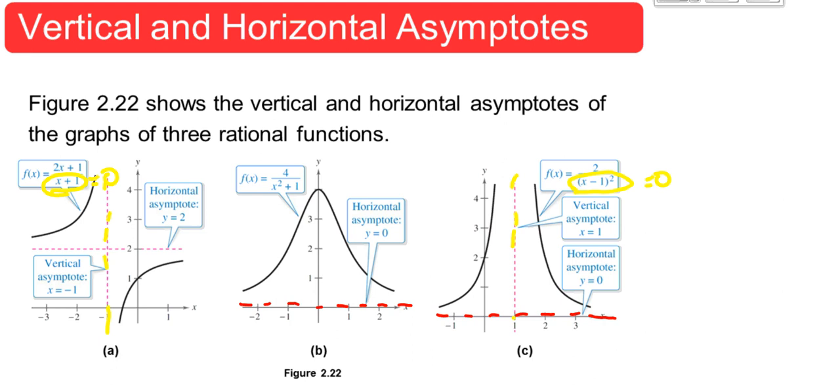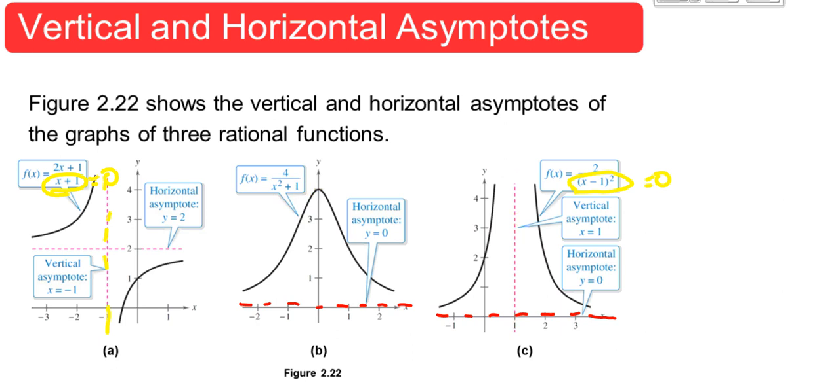But look at this one. Notice if I take that denominator and set it equal to 0, x squared would equal -1, and that would just mean that x would be plus or minus i, and so it's not a real answer.